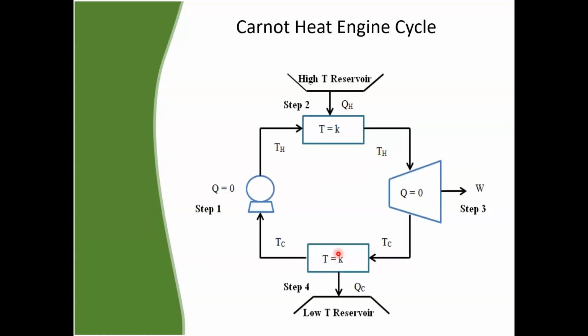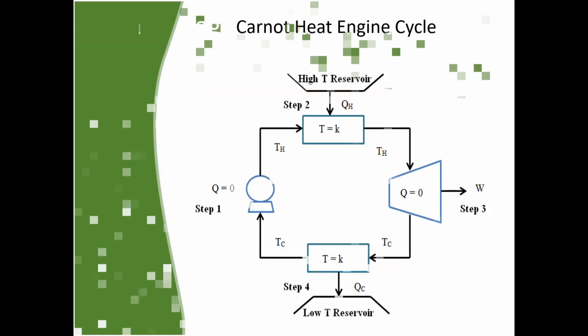In the condenser, heat is rejected to the low temperature reservoir at constant temperature TC. Then it's pumped back to its original state in a reversible and adiabatic pump. The temperature increases from TC to TH.